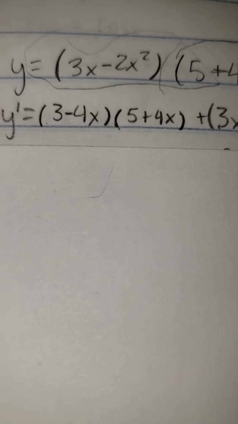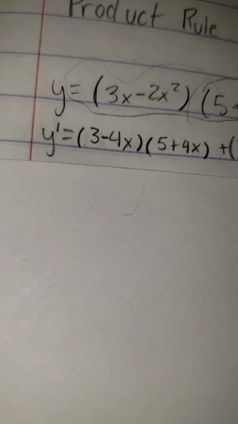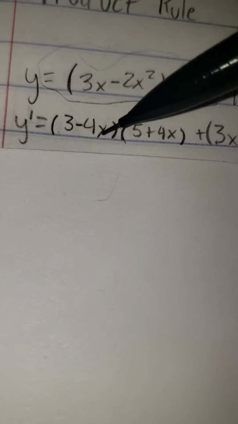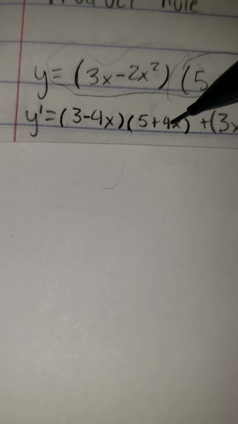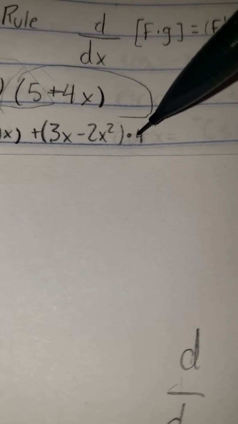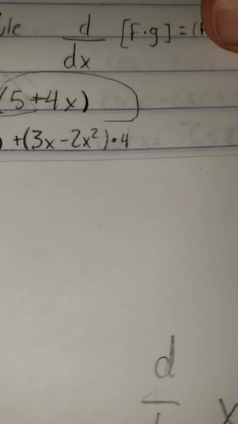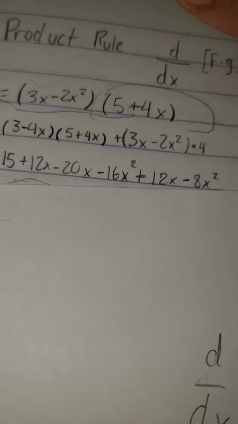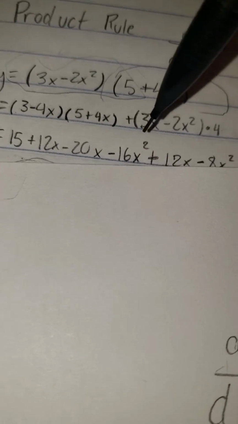So simply plug that in. This is our derivative of f times the original g, plus the original f times the derivative of g. I think I said that right. Derivative f, g, original f, derivative g. Yeah.